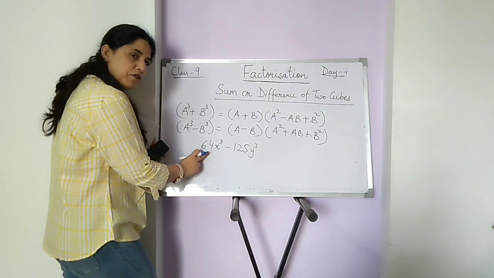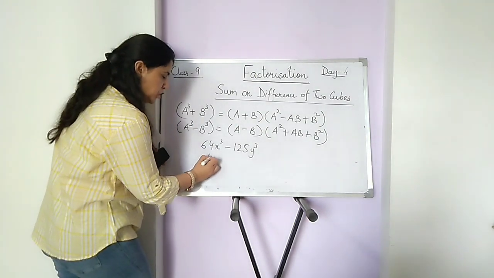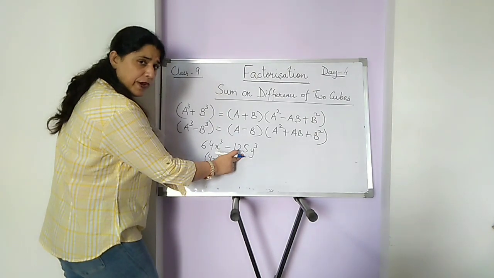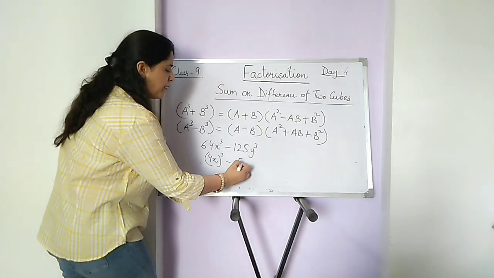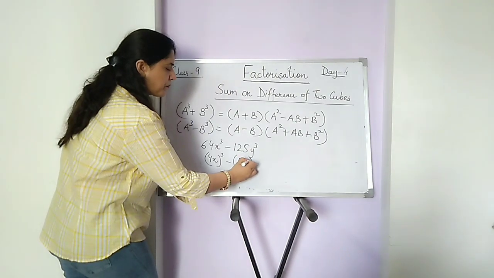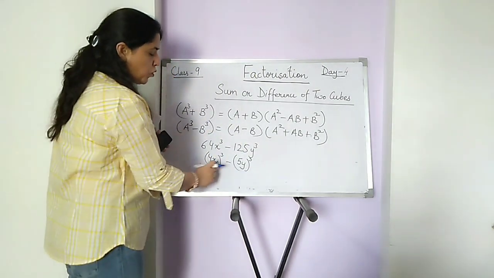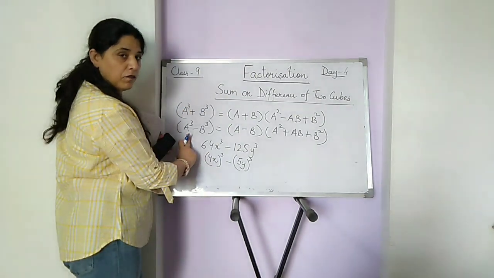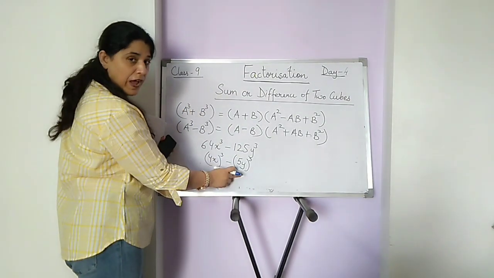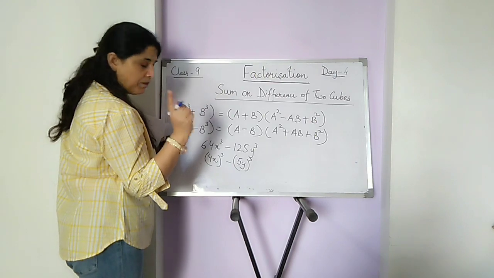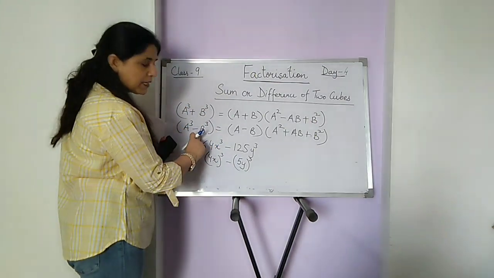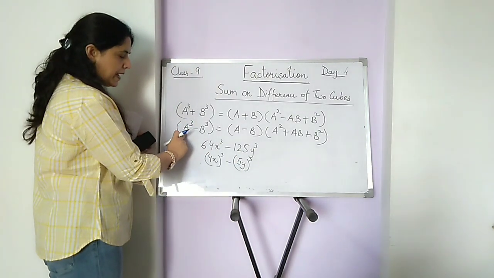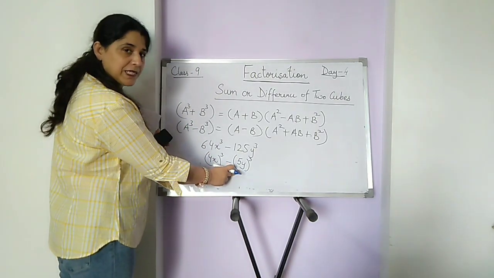Now you see 64 is a perfect cube of 4, so we can write it as 4x the whole cube, and 125 is a cube of 5, so 5y the whole cube. Now this is of the form a cube minus b cube. A is 4x, b is 5y, not minus 5y, because we are using the formula a cube minus b cube. So we will apply a is 4x and b is 5y.